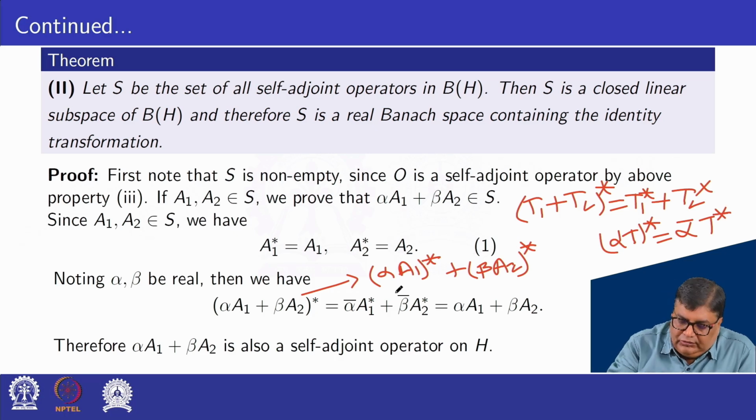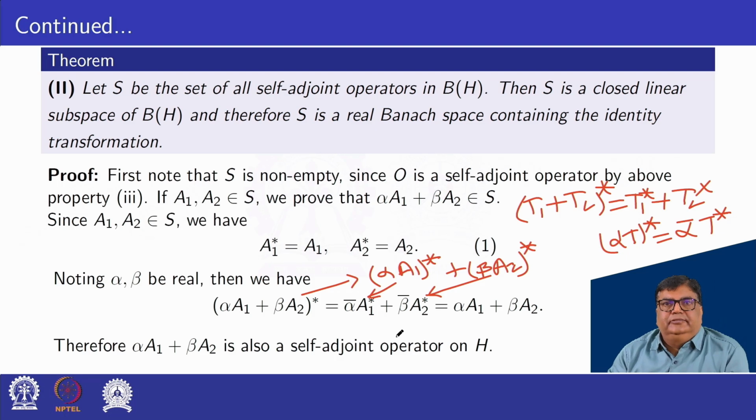Since alpha, beta are real, alpha bar is alpha and beta bar is beta. So we have alpha A1 plus beta A2.